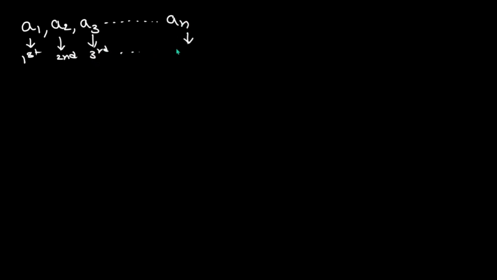This is the nth term, that means the nth number. That may be the 100th number, 200th, 300th; we do not know. We have written the generalized format. Let's take D as the common difference.